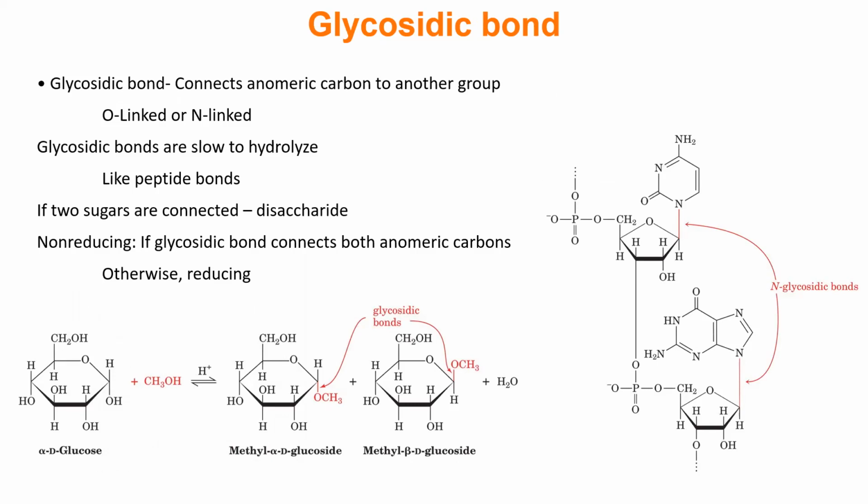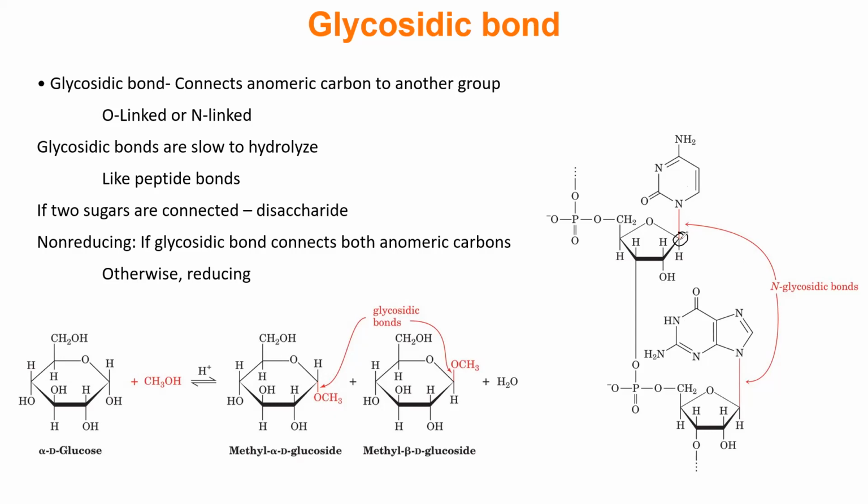A glycosidic bond is when you have a bond from your anomeric carbon connected to something else. So here in our nucleotides, what connects our sugar to our base is a glycosidic bond, because this was our anomeric carbon.